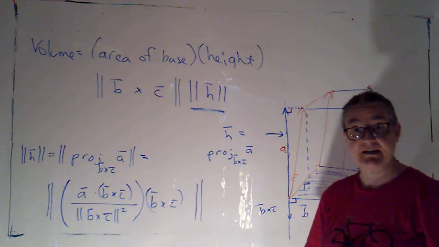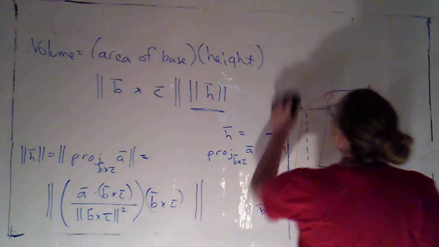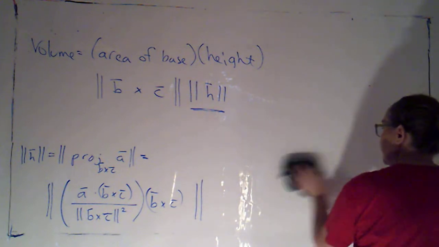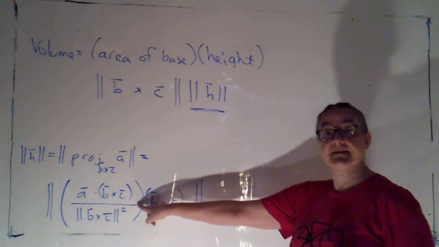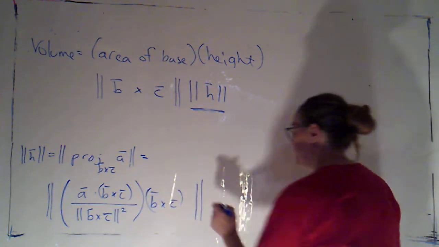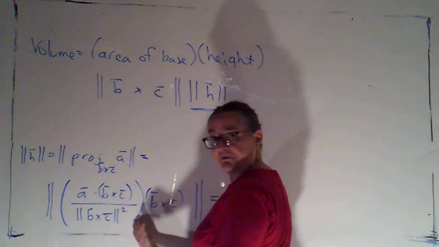B cross C. Now we've learned how to take the magnitude of a scalar multiple of a vector. We simply take the absolute value of the scalar multiplied by the magnitude of the vector. So if I do this, now the scalar here is this fraction.